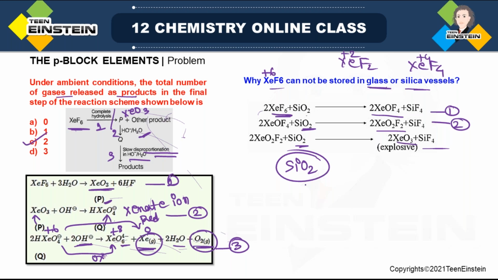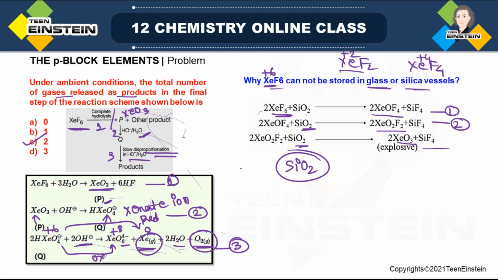Okay, because +6 means what? You have to remove all the 6 electrons from the valence shell. Then you can have +6. So the more electrons you are removing, that means what? More ionization energy you have to provide. You have to provide a total of 6 ionization energies. But if you are forming the +2 state, you have to provide just 2 ionization energies, which is a relatively easy process, right?